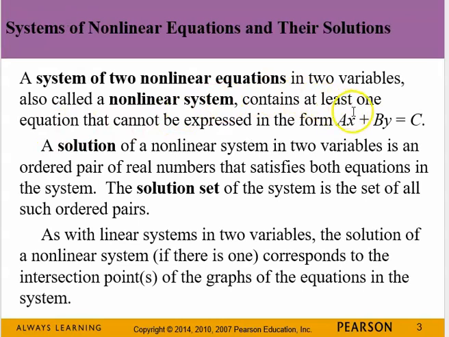But the key is this is the standard form of the linear equation in two variables. But in this case, one or both of the x or the y will be to the second degree. That is, they are non-linear. They're going to be curves or parabolas of some type.